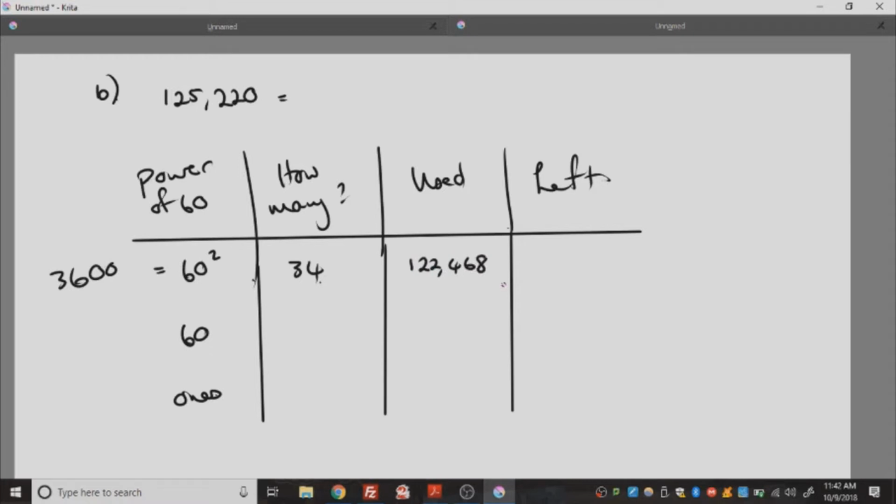Ooh, it's close. How much is left? Subtract. Oh, burn. 122,400. All right. How much do I have left?